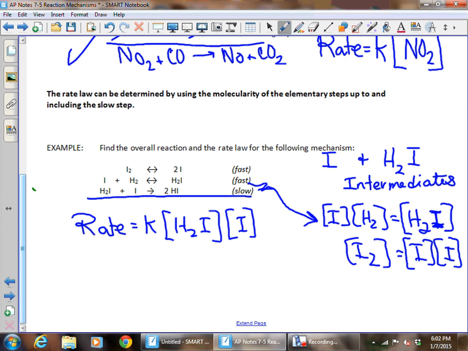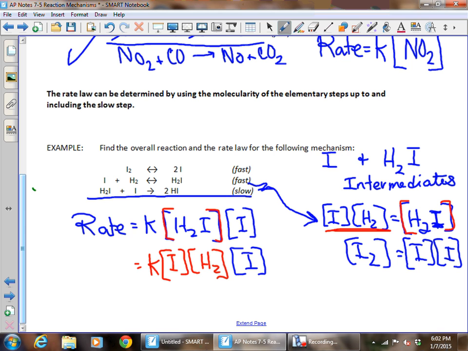So let's get rid of H2I first. And we just go one reaction at a time. We're going to try to get rid of H2I. And right here we said that H2I was equal to I times H2. So let's plug that in. So H2I is equal to I times H2, and we still have the I from above. So that's what we've got so far.